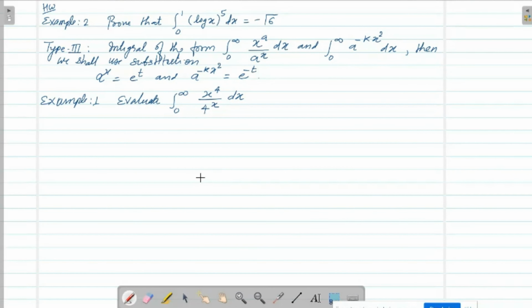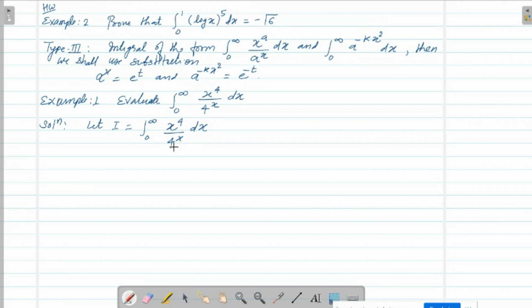We will evaluate this integral, which is of this type. Let us begin the solution. We first write the given integral as it is. Let I equal the integral of limit 0 to infinity x raised to 4 by 4 raised to x dx. For this we will put a raised to x equal to e raised to t.